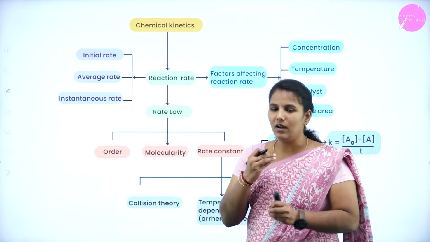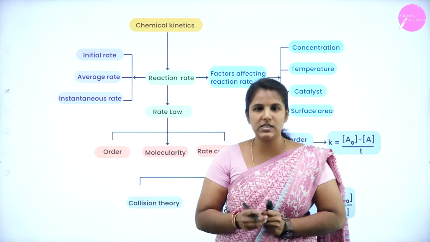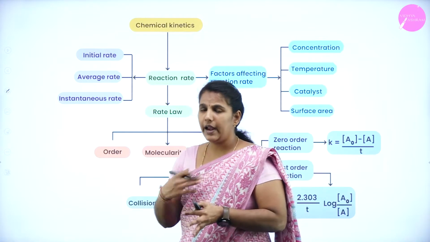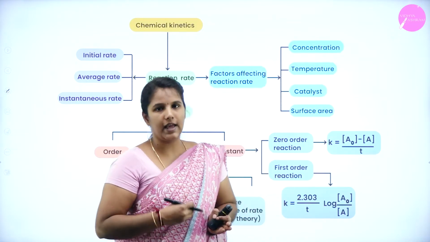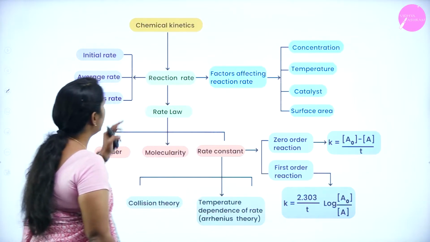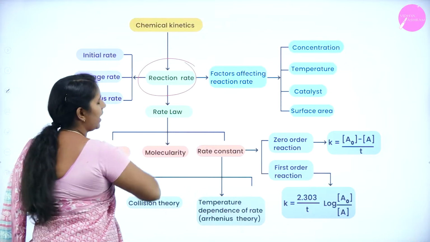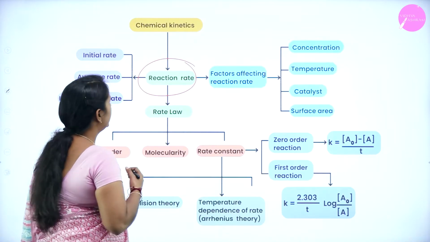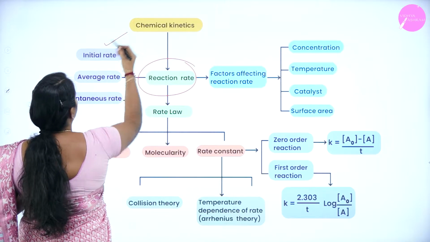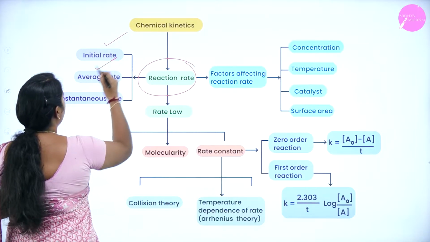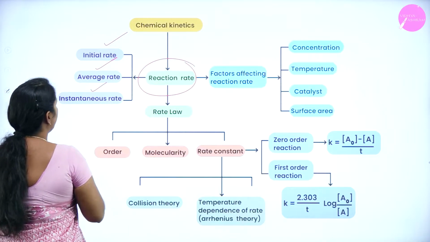Before dealing with all these things, let's see how the entire unit has been classified. In chemical kinetics, first we will understand what a reaction rate is. Under that, we have the initial rate, average rate and the instantaneous rate.